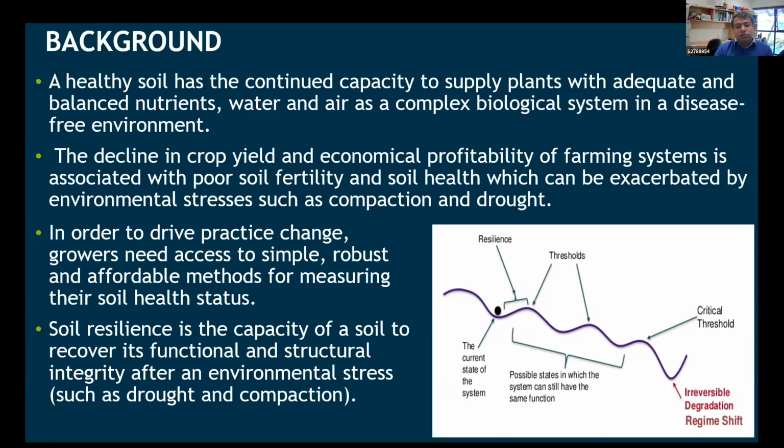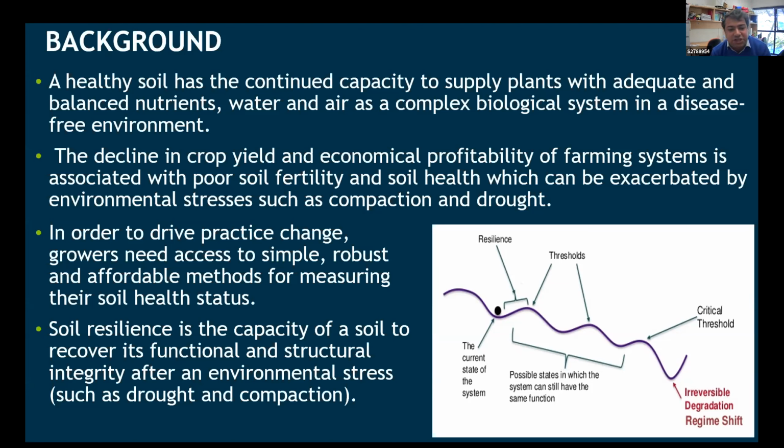But due to over-application of mineral fertilizers and conventional management systems adopted in different farming systems, we end up with a continuous decline of the yield and economic profitability of the farming systems, which is mainly associated with reduction in soil fertility and health due to different environmental stresses and the adoption of different farming systems.